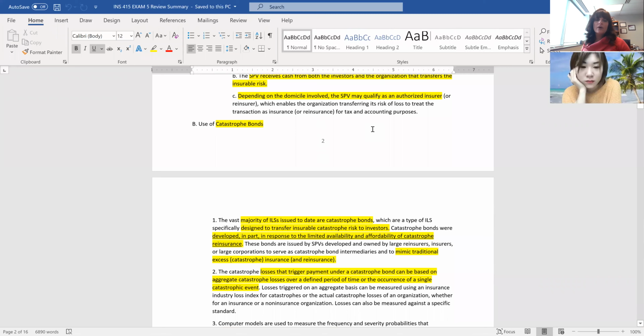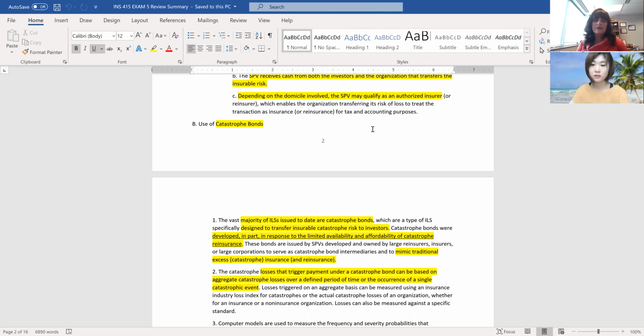Catastrophe bonds. This is one form of an ILS. So the majority of ILSs are typically catastrophe bonds, which means they're tied to some catastrophe event. Maybe it's hurricane related or wildfire. And so they structure the ILS in a catastrophe bond. These are very similar to a traditional excess and reinsurance type structure.